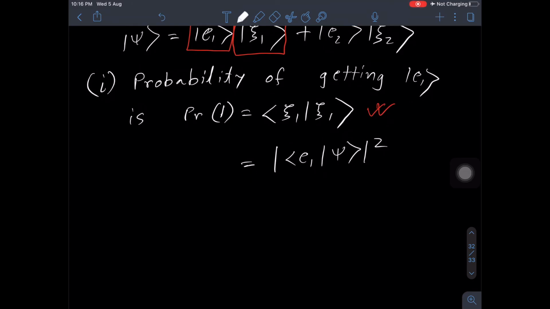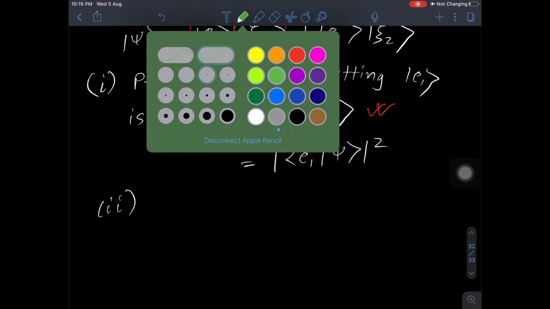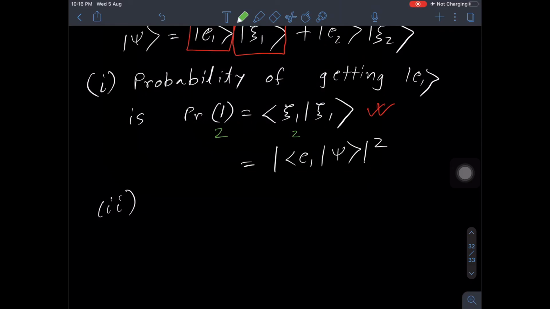And now what is the idea of getting the collapsed state, right? And I think you can easily calculate the probability of 2. The probability of 2 will be just giving all 2's here. All right, now let's say what will be the collapsed state. So this was the probability.